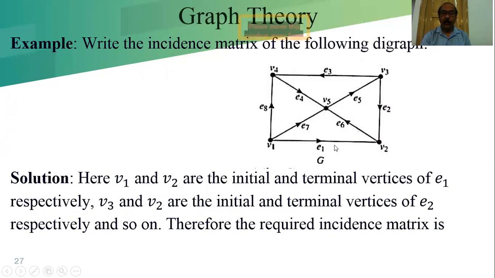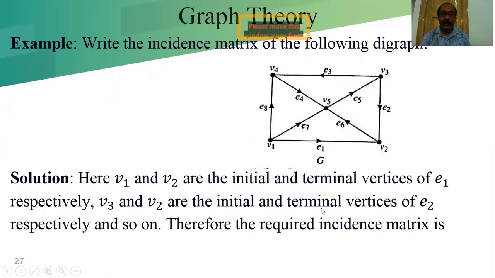So, one by one, if we consider the edges, for E1, V1 is the initial vertex and V2 is the terminal. That means E1 is incident out from V1 and incident into V2. So the corresponding value of V1 with respect to E1 will be 1, and the element corresponding to V2 with respect to E1 will be -1.